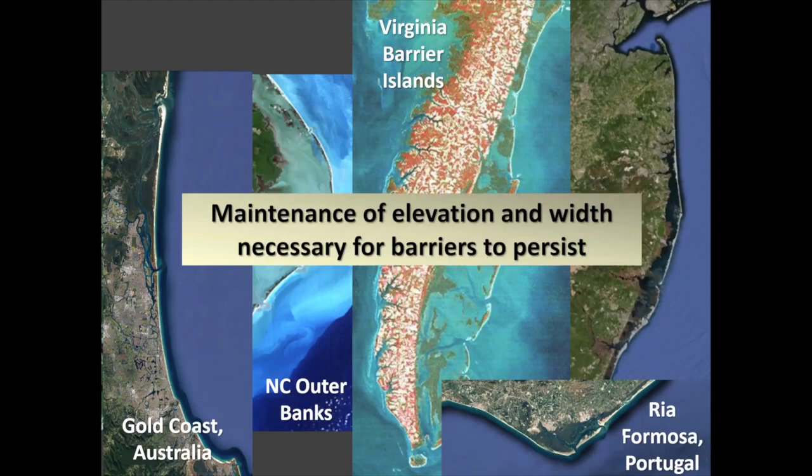And it's important here from the perspective of geomorphology, and what a geomorphologist sees, is that in order for islands to persist in the face of rising sea level, these overwash processes need to take place in order to maintain the elevation and the width of islands.